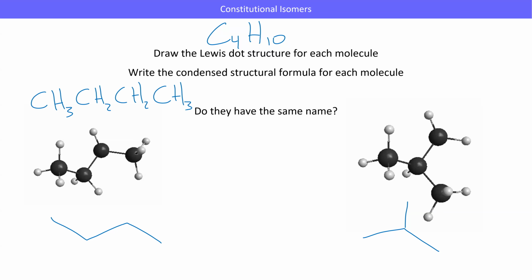Side note, how do we do the condensed structure for this one? If there's a branch, how do we do the condensed structure? You can draw a branch, although typically the whole point of the condensed structure is to write it all in one line so that you could type it. You do see that sometimes it's sort of combined, so you would see CH3, CH3, and then you'd see CH3 underneath.